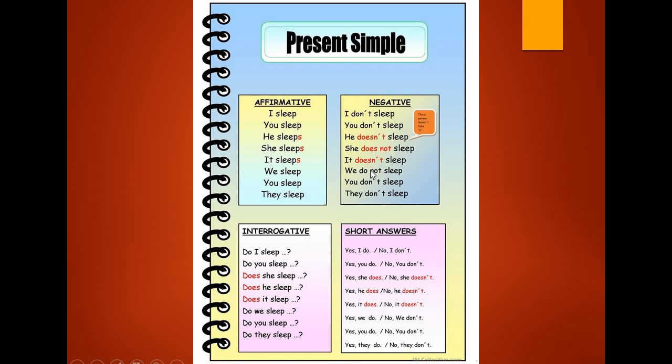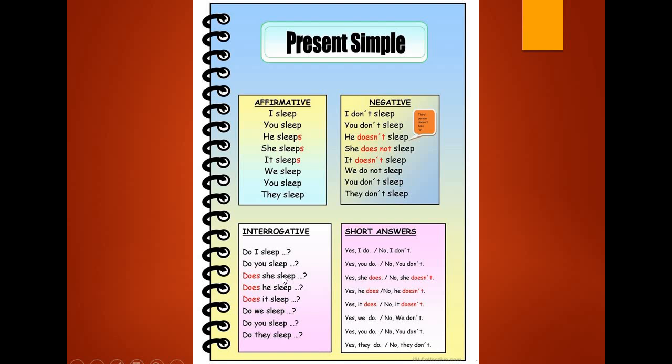For the question, if my verb doesn't have S, I start my question with do. I sleep, I don't sleep. Do I sleep? If my verb has an S, we put does. He sleeps, he doesn't sleep. Does he sleep?